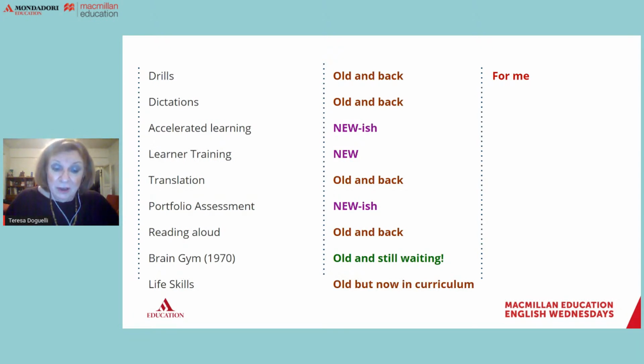It's 50 years old, and it's still waiting to be used in class. And each activity can take only 5 minutes. It's another seminar, another webinar. I can certainly do that in the future, or Google it.